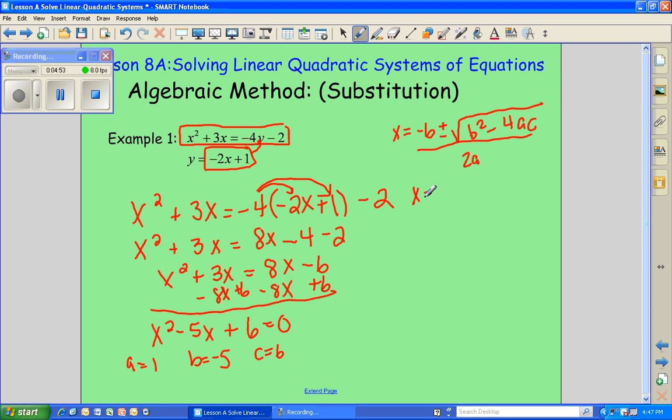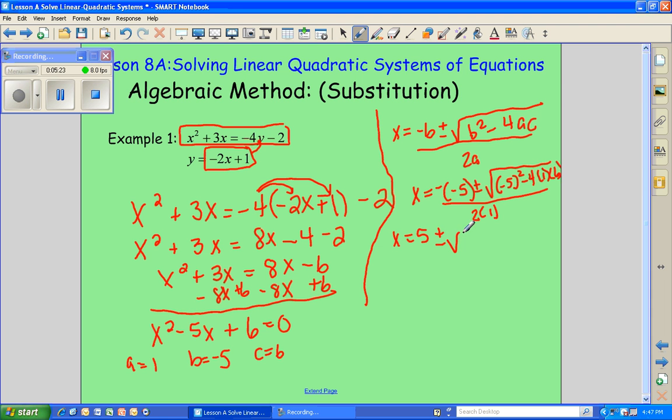So I'm going to get x equals negative negative 5 plus or minus the square root of negative 5 squared minus 4 times 1 times 6, all over 2 times 1. So x equals 5 plus or minus the square root of 25 minus 24, over 2.